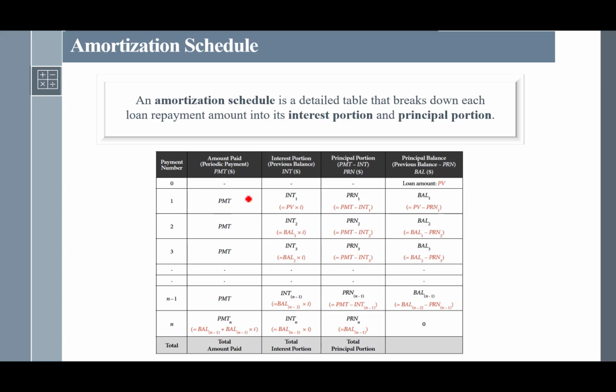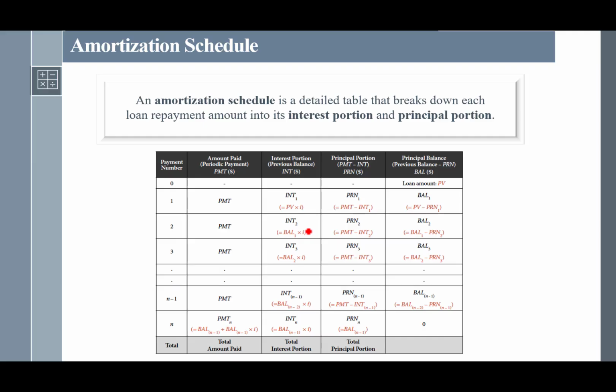So the way it works, we have the PMT, which is the same, of course, except the last payment could be less based on what's left at the end. The interest is always the interest rate times the balance, which is the present value at that time. The principal portion is how much you paid minus how much the interest for that period was.